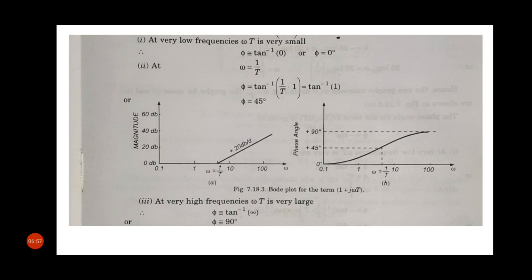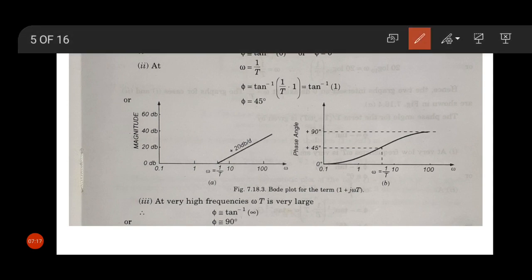So see the graph: at very low frequency phi equals 0 degrees, at omega equal to 1 by t phi equals 45 degrees, and at very high frequency, when omega t is very large, phi equals 90 degrees. Okay, so the graph for phase angle is this.